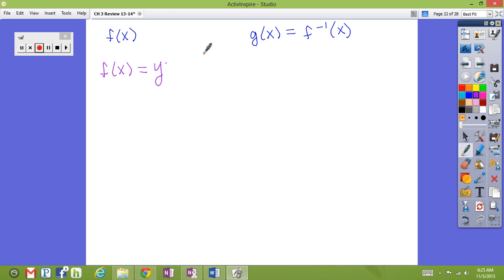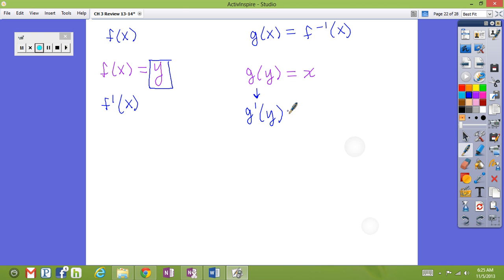Well, that y value happens to be the x value of g, and so the x and y actually switch places. What happens is, if I know the derivative of f at x, then I can also find the derivative of g at that y value, specifically this y value, and that becomes 1 over f prime of x.